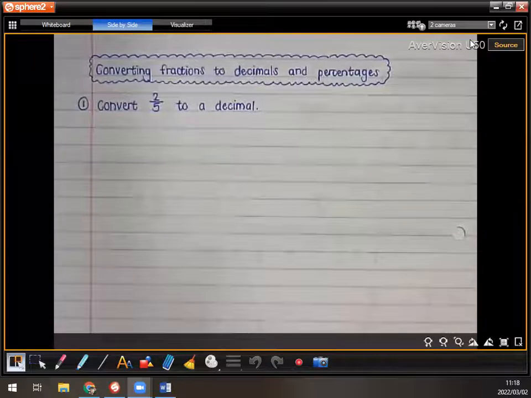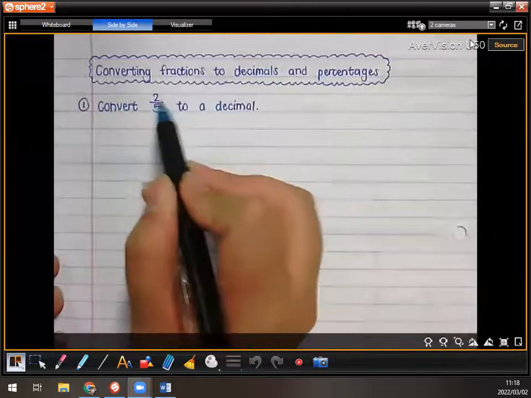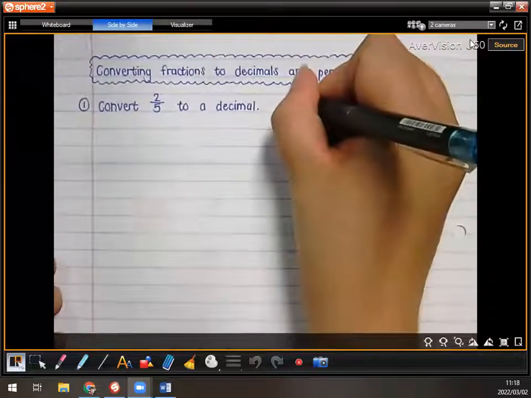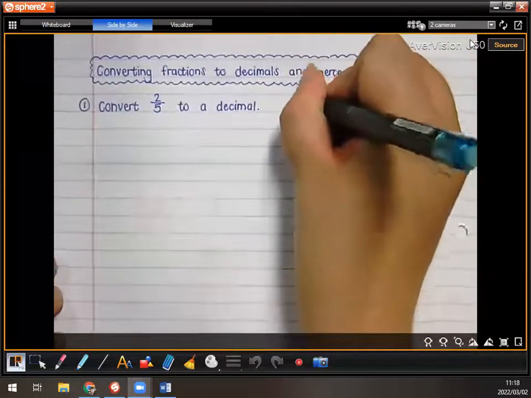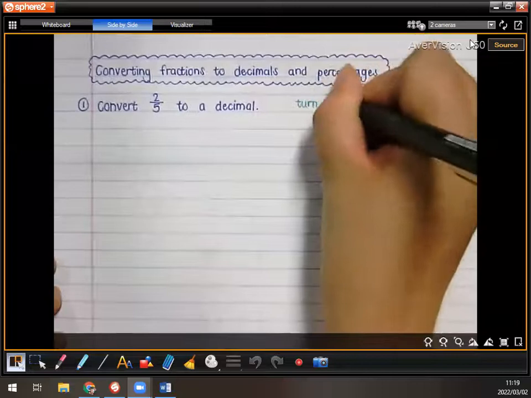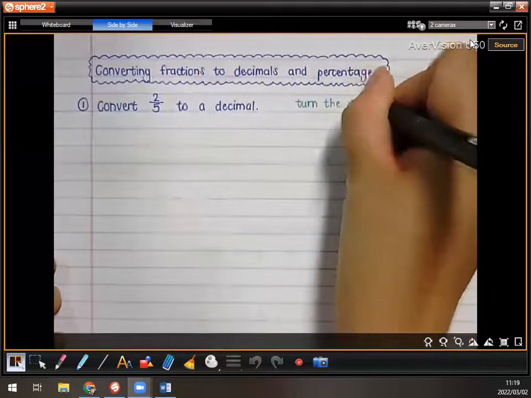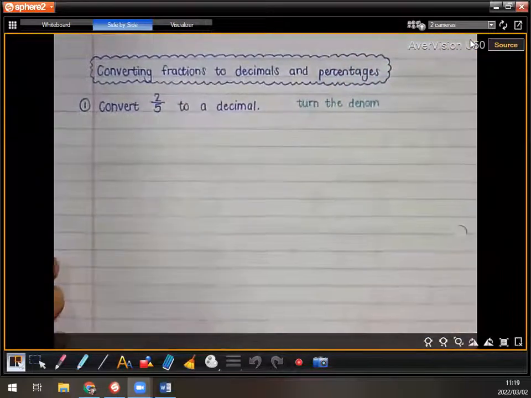We have to get the denominator 10. Okay, you have to always get the denominator to a 10 or 100 or 1,000, whatever the easiest one really is to do, okay? So we're going to get 5 to 10. So let's write that on the side. I'm just going to write denom for denominator because we've written denominator about 1,000,000 times now.